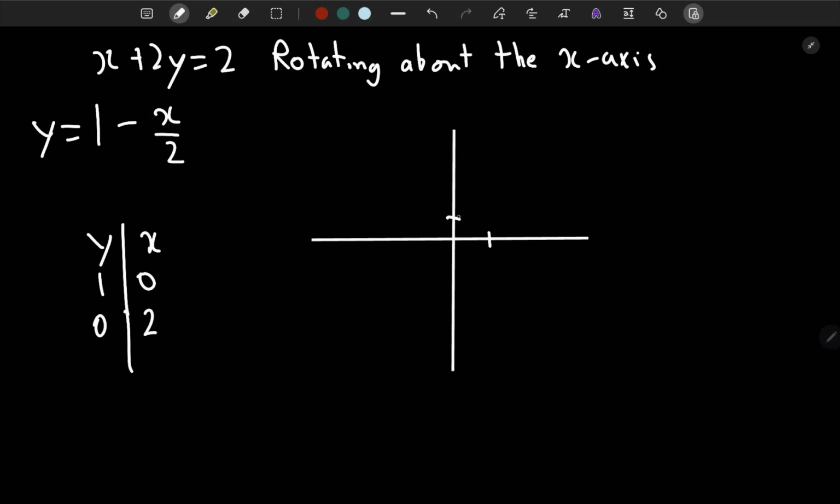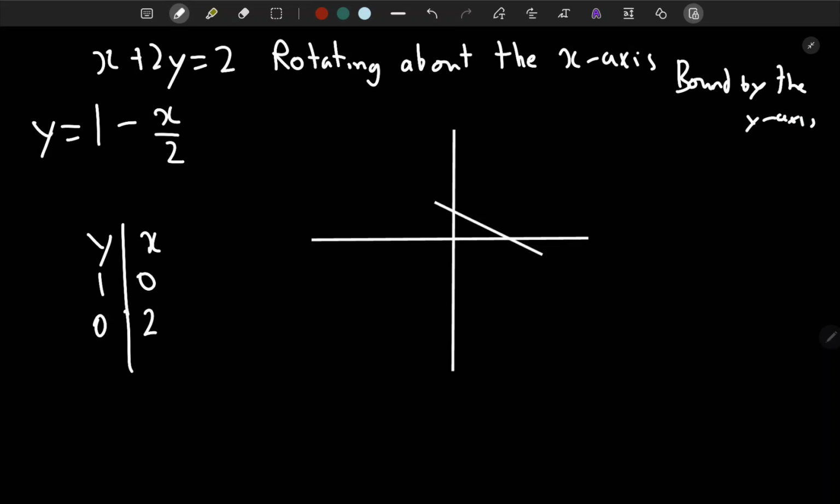So 1 and 2, and it will be a straight line. So here is what the graph looks like, and one thing I forgot to mention is that the volume is bounded by the y-axis also.